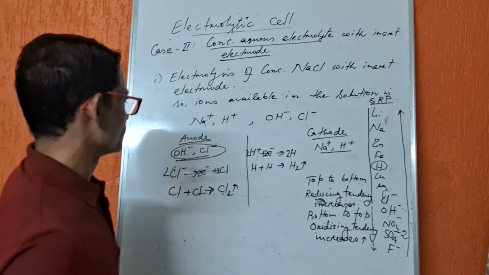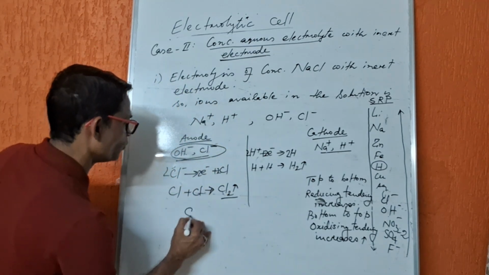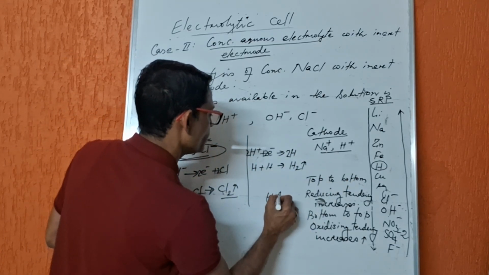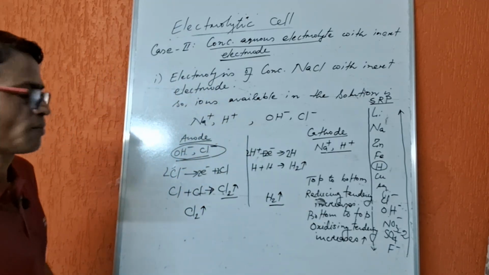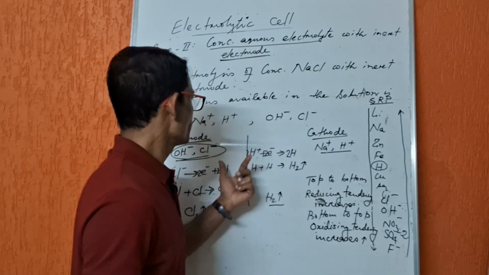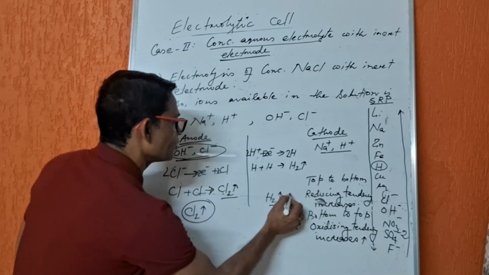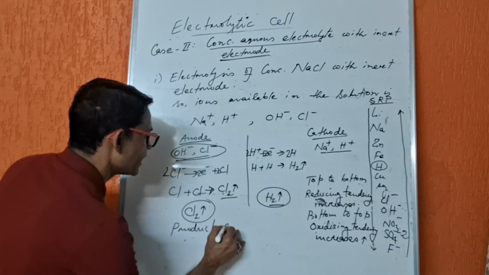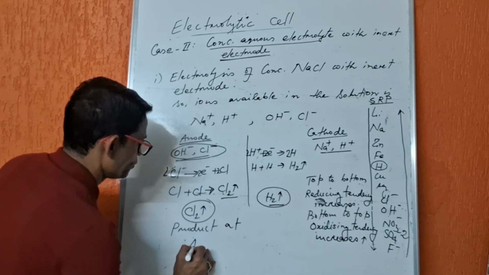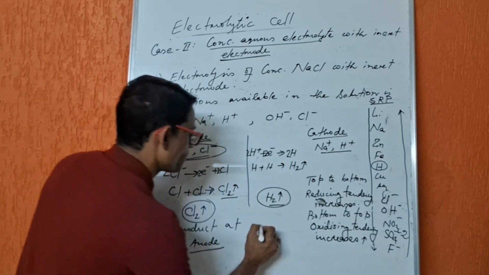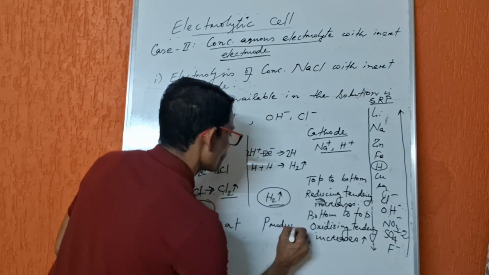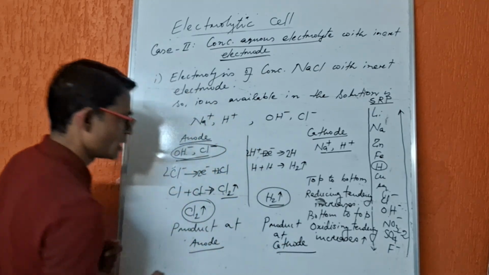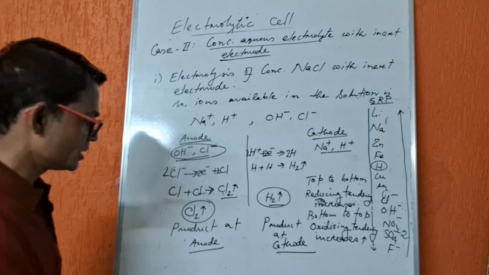So the overall reaction: at the anode Cl2 will be produced, and at the cathode H2 will be produced. These are the products at the anode and the cathode.